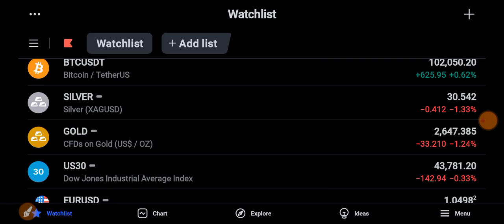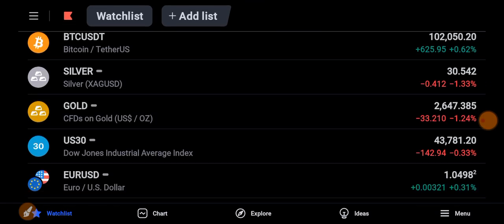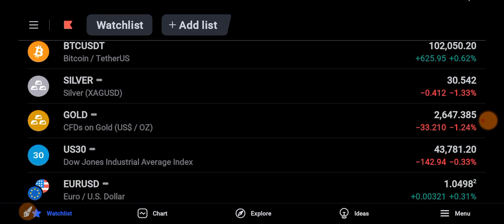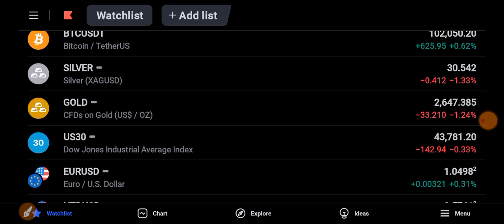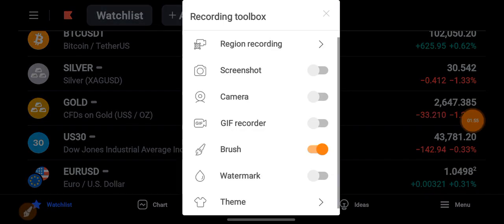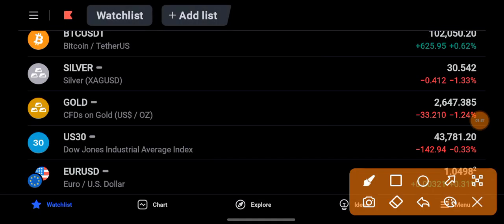So when we say indices, what are the indices? The indices are pairs such as Dow Jones. I don't know if you guys know Dow Jones, but Dow Jones is an industrial average. So US 30, I'm talking about this.